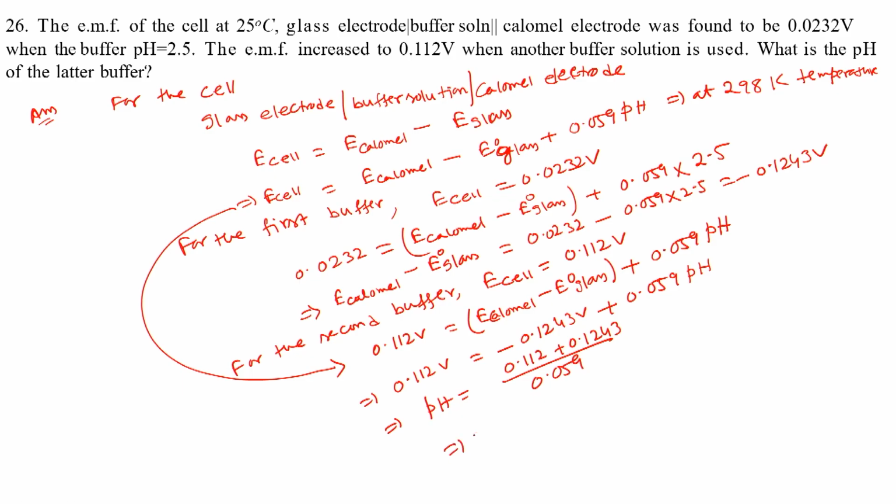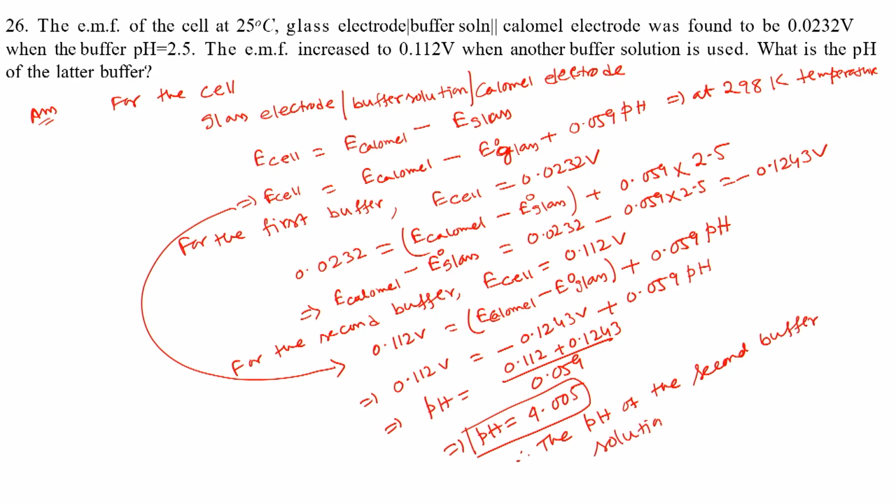So, the value of the pH will be 4.005. Therefore, the pH of the second buffer solution is 4.005.